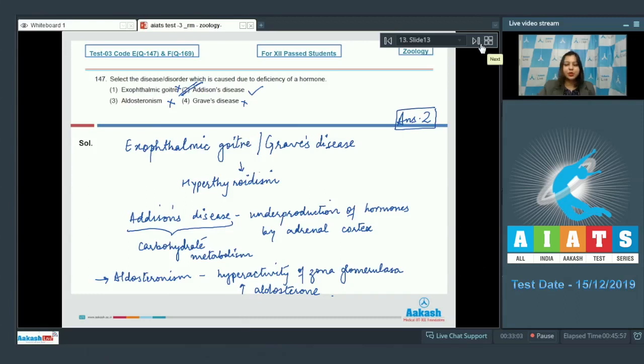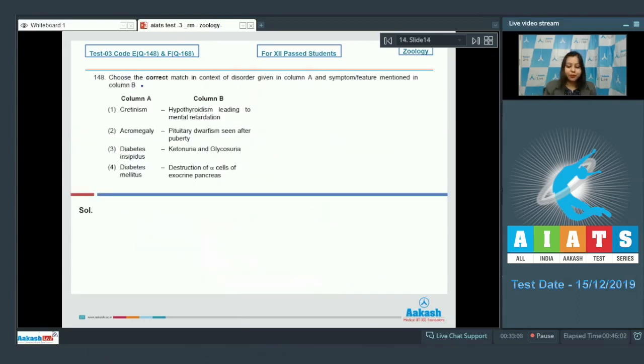Let us see the next question, students. Question number 148. Choose the correct match in context of disorder given in column A and symptom or feature mentioned in column B. Let us see the options. Number 1, cretinism occurs in hypothyroidism leading to mental retardation.